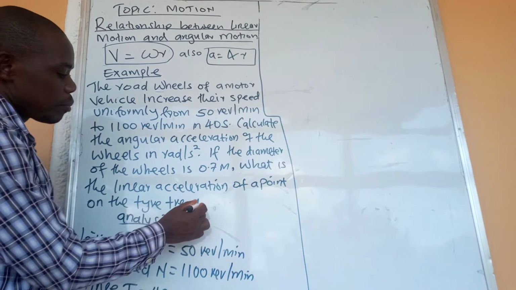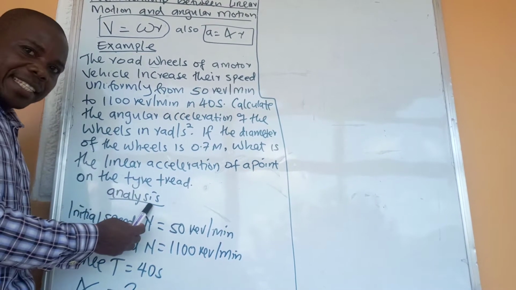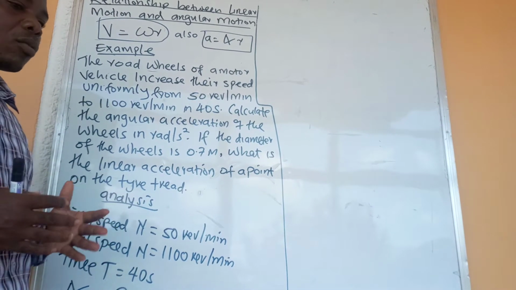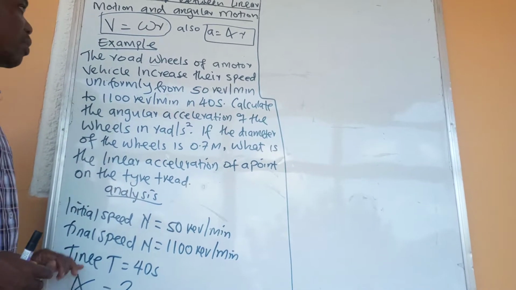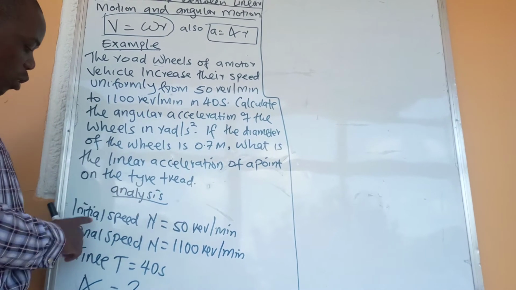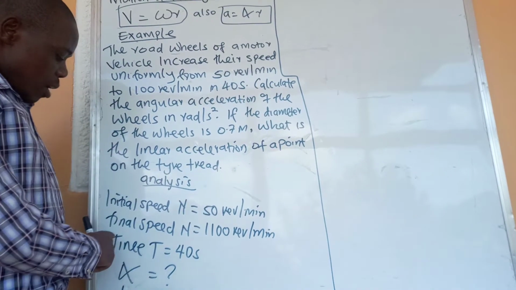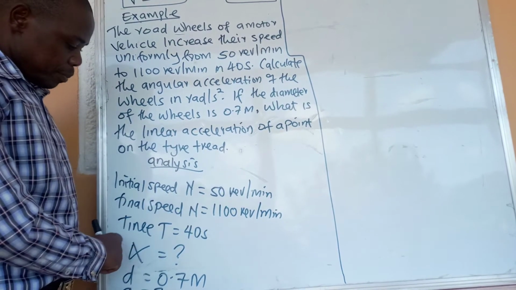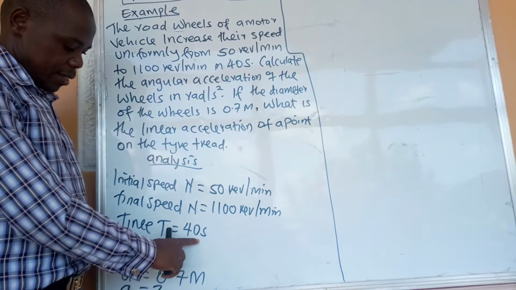If you are given such a problem, as usual, you start by doing analysis, breaking down the parameters that you are given so that you can use them to find what you are not given. In this problem, the initial speed n is 50 revolutions per minute, the final speed n is 1,100 revolutions per minute, and the time for the change of speed is 40 seconds.